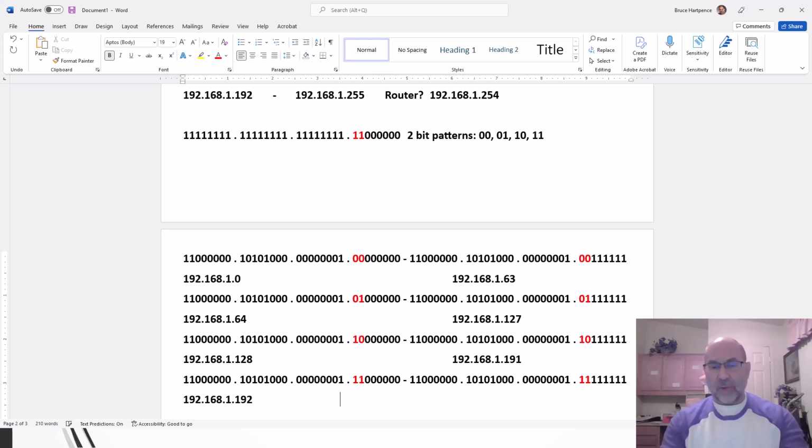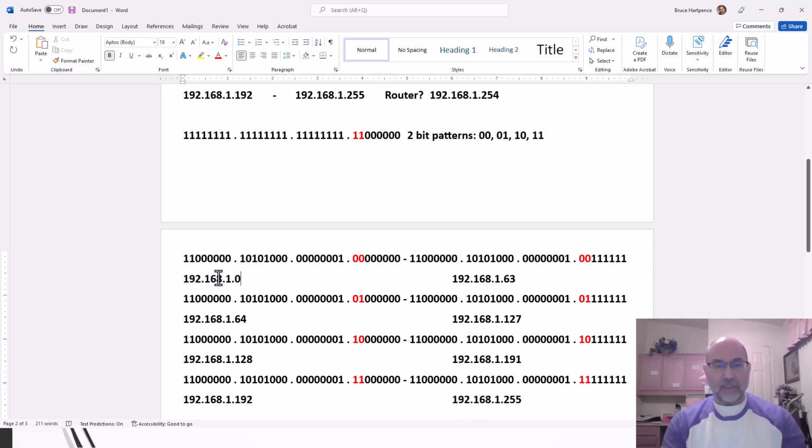So I'm just on autopilot at this point. I just remember a couple of rules. We start at the classful address space, and I'm just substituting in my binary. So 192.168.1.255. So here we've got the highest in the classful range and the lowest in the classful range right there. Well, this is the lowest and this is the highest.